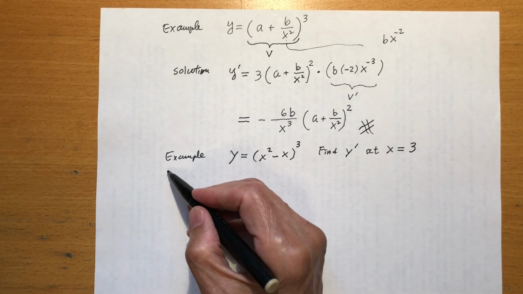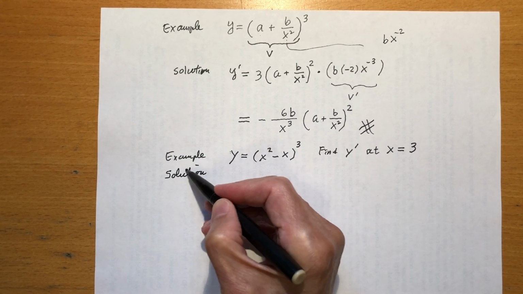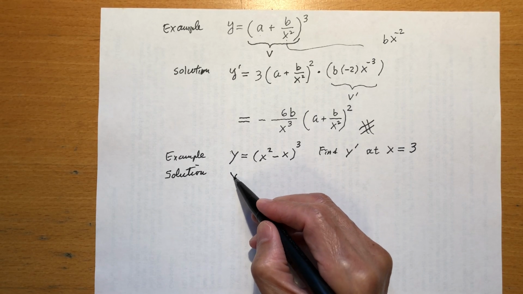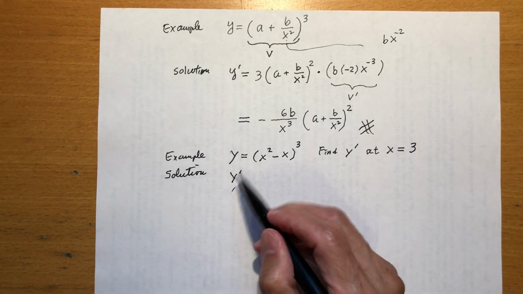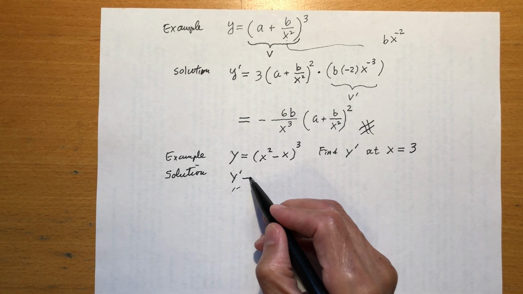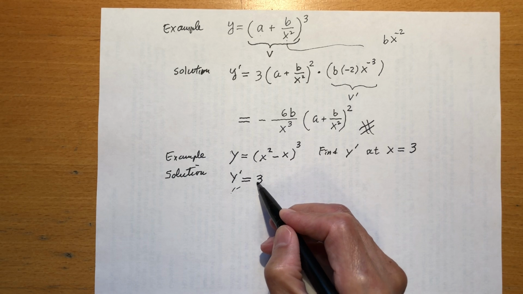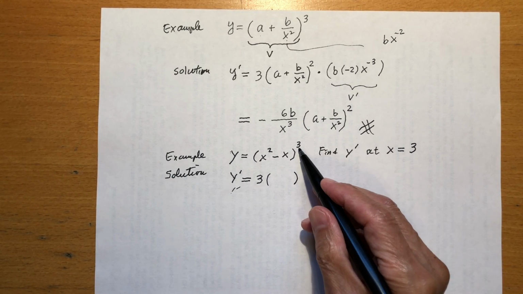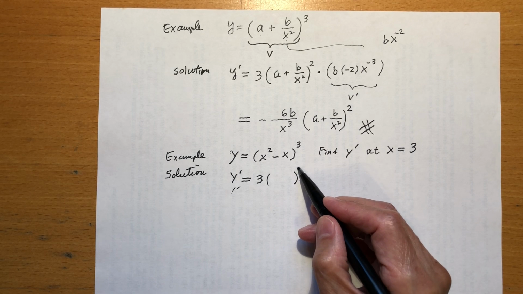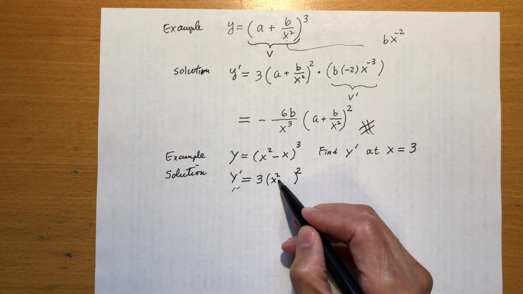So how do I do that? My solution is y prime. So this is my v now. All right. Power rule. 3 goes to the front. And this v, the power is reduced by 1, so this is 2. Then my v is this.